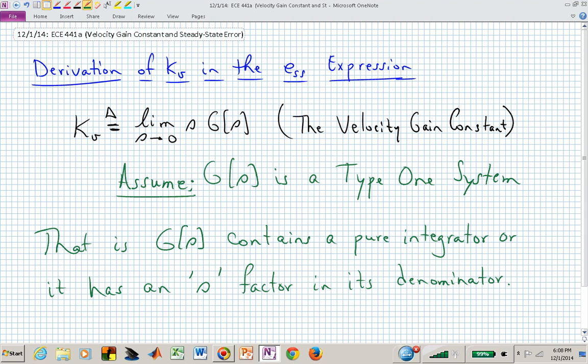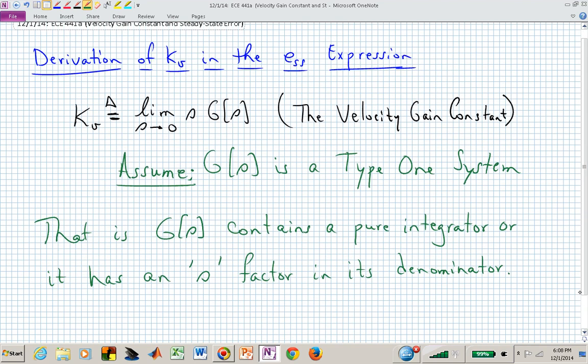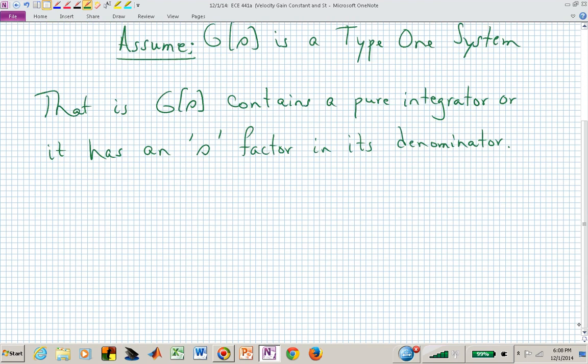That's one of the assumptions that we will be making in this derivation, that we are starting with a plant, G of s, that's a type 1 system.